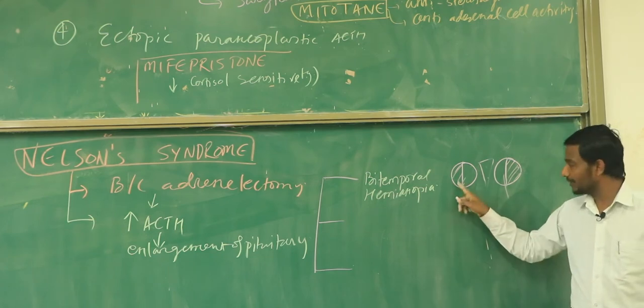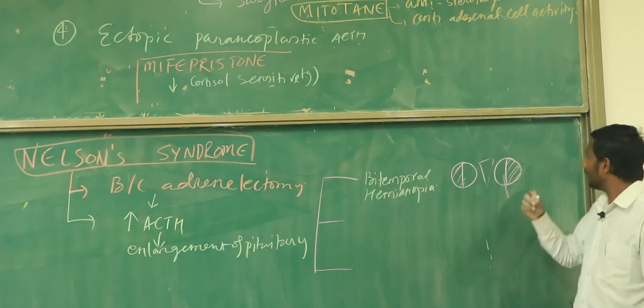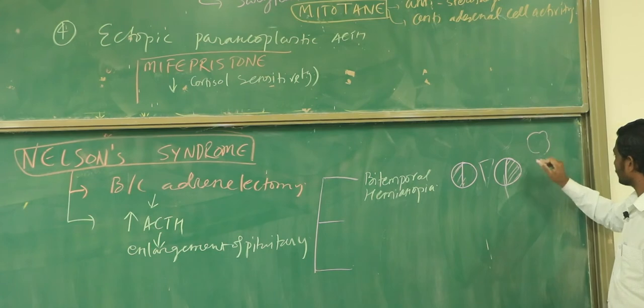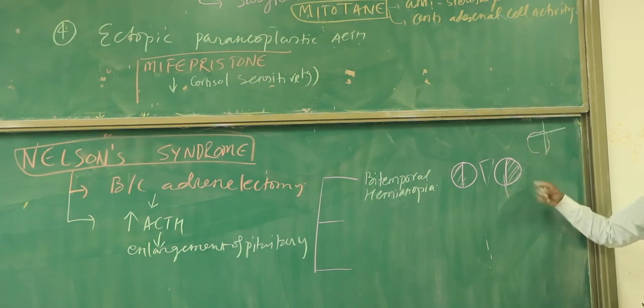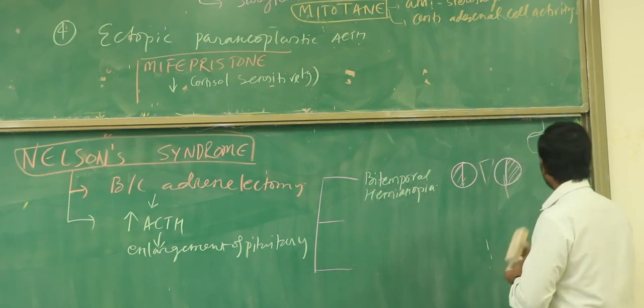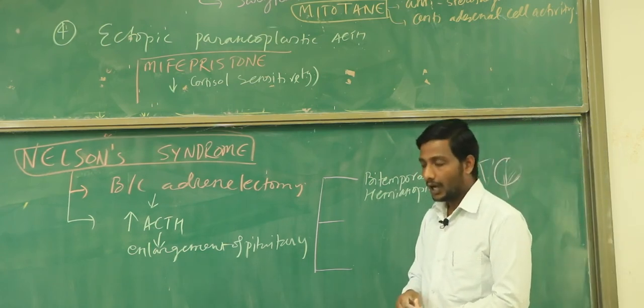Keep in mind, temporal image is not there means which retina is having the problem? Nasal retina. If I have to draw one eye, never forget this thing. If this is your eye, then this retina gets the light from this side and this retina gets the light from the other side. So this is just the opposite, right? So if the patient is having the temporal image problem, it means the patient is going to have the problem in the nasal retina.